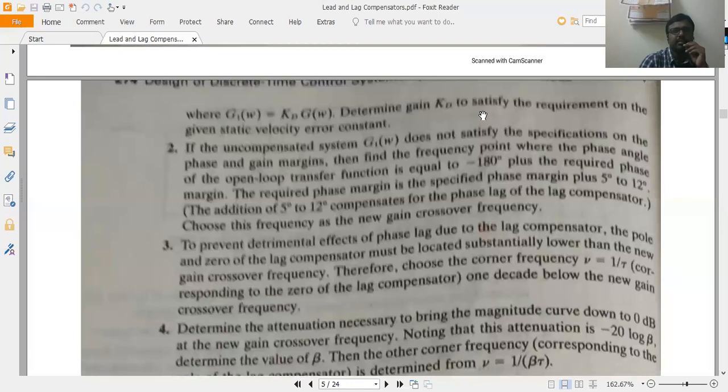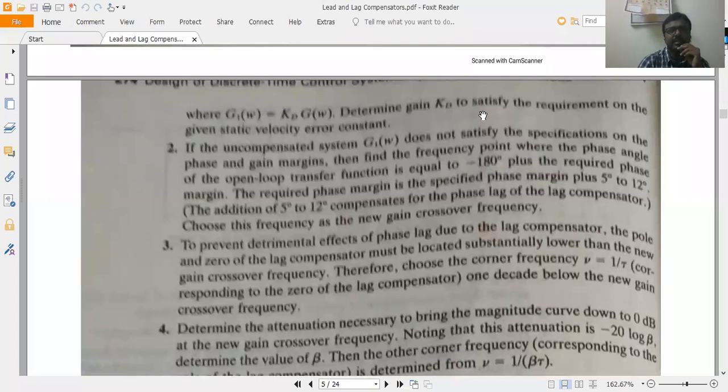But in the case of the lag compensator, we have to determine the frequency point where the phase angle of the open loop transfer function is equal to minus 180 degrees plus the required phase margin. The required phase margin is the specified phase margin plus 5 to 12 degrees.